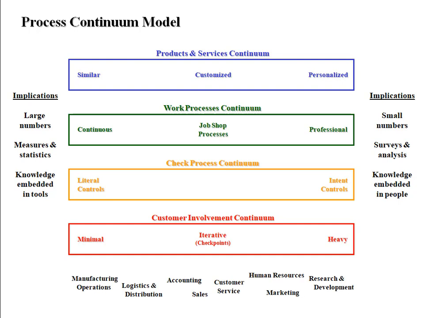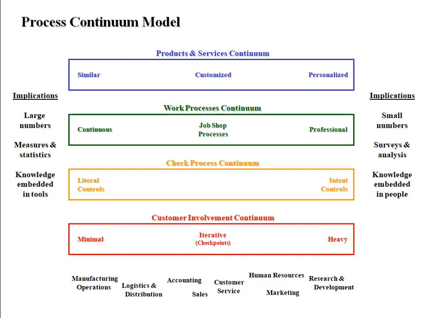Here's a mapping of some functions in a typical organization as they might fall across these continuums today from a classic industrial type organization. On the far right, you've got research and development, which is really still a one-off, heavily customer involved professional activity where you do the process, but you don't really know where it's going to go and where it's going to end up. At the far left, we've got the very, very similar manufacturing, mass production type of operations.